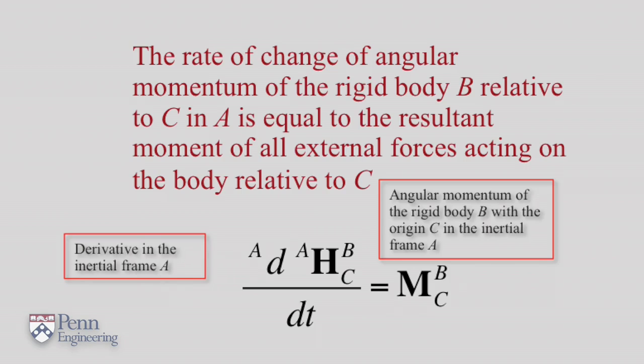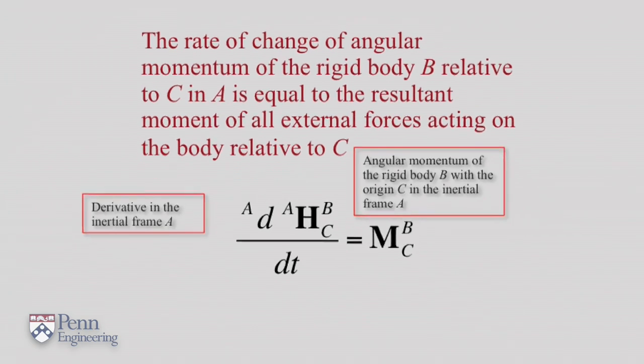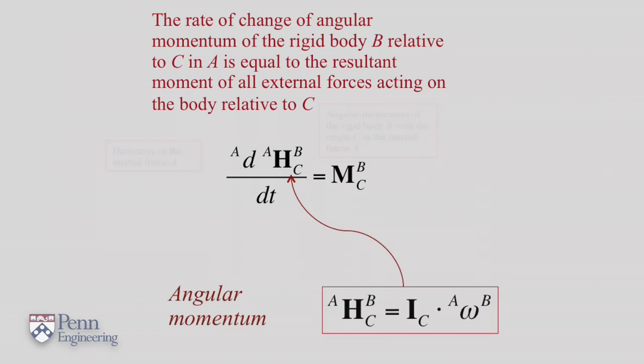In order to perform the calculation on the left-hand side, we have to replace h by something that we can easily measure. It turns out that the angular momentum is nothing but the inertia times the angular velocity. Now these computations have to be done in 3 dimensions.